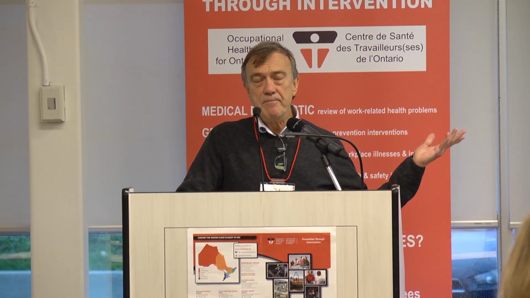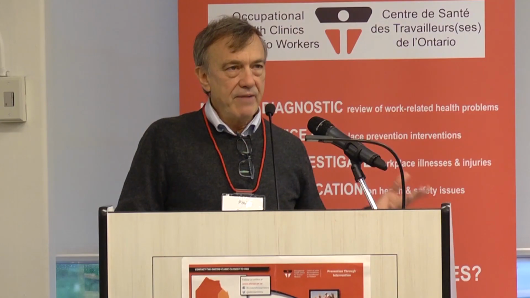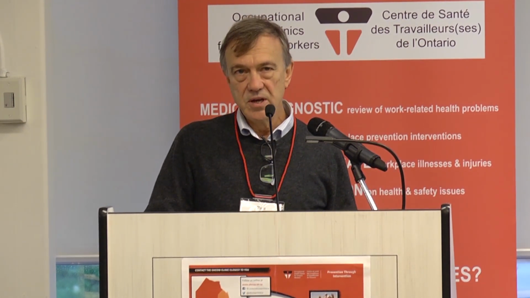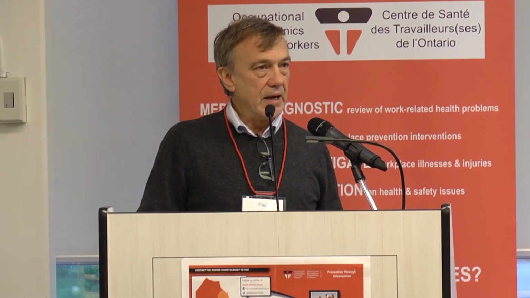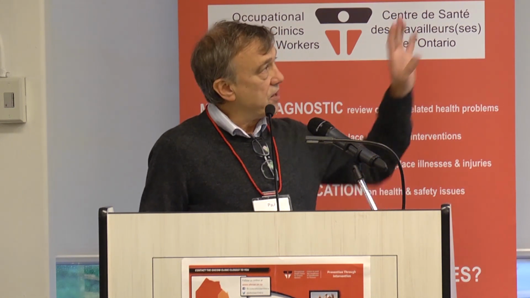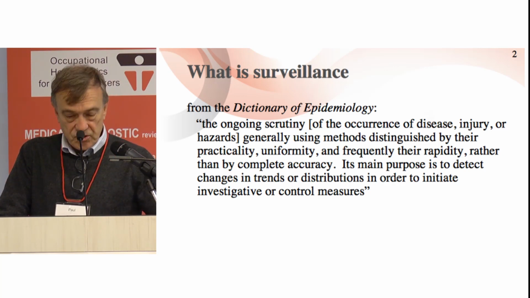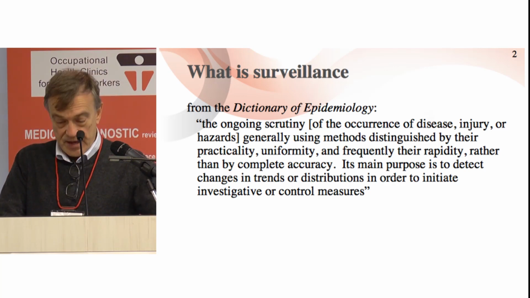I put up this definition of surveillance just to stress the fact that surveillance is not really a research effort, but an effort to generate statistics to help drive prevention. I like this definition, which was written by John Last, an Order of Canada epidemiologist.